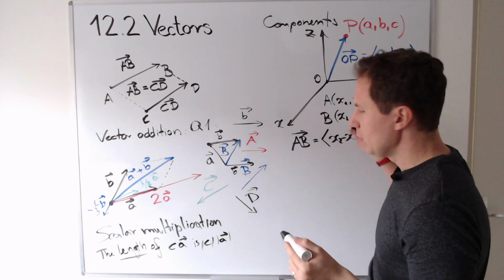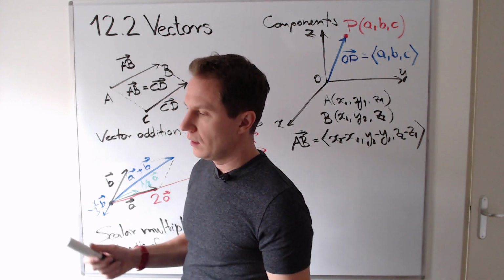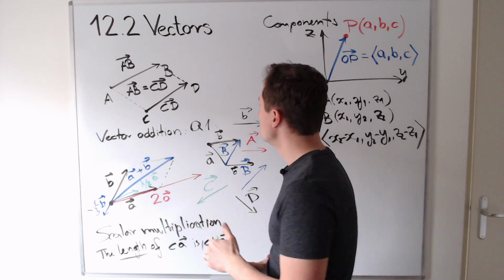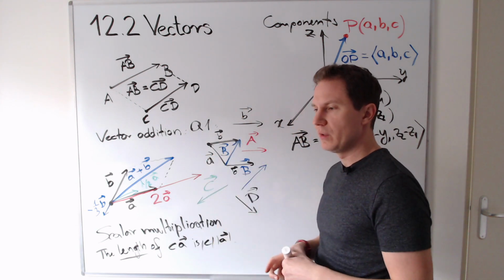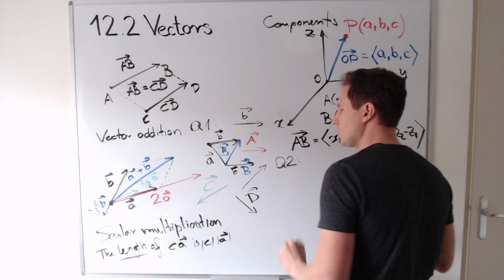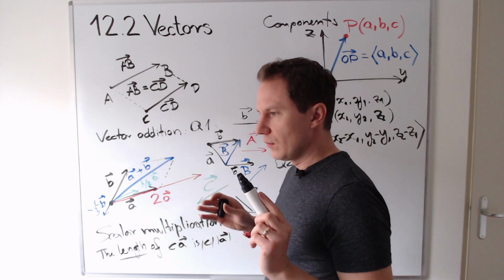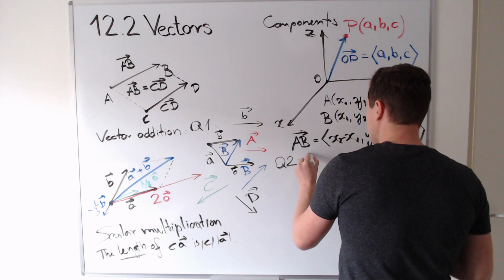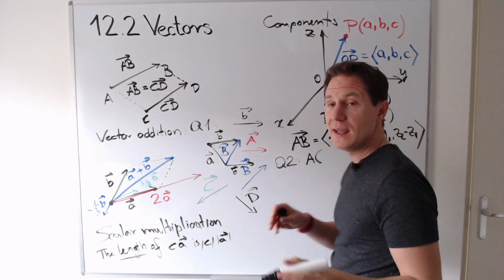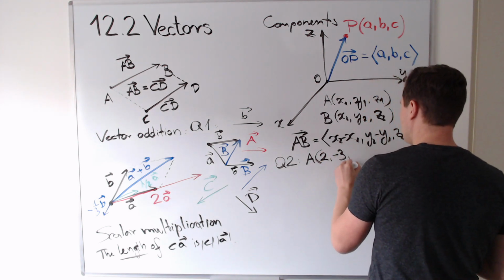Okay, and now that we have these components, these coordinates, we can turn these operations, vector addition and scalar multiplication, into operations with numbers. Before doing that, let me just ask you a quick question. Question 2 is, what is the position vector that represents the vector pointing from A to B, where A is the point with coordinates 2, -3, and 4.